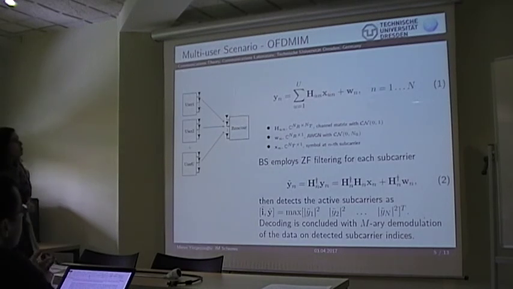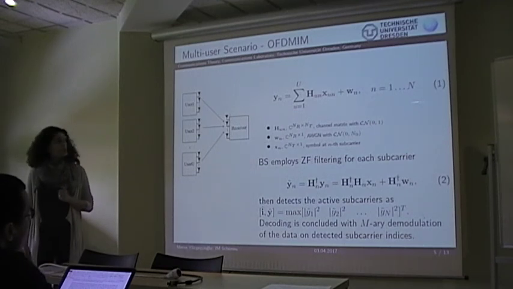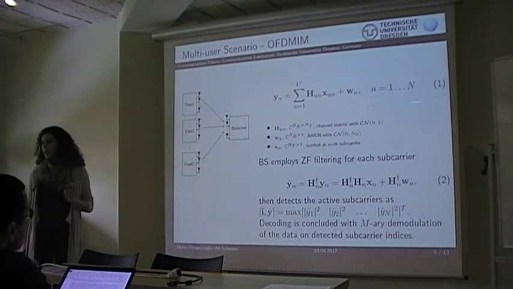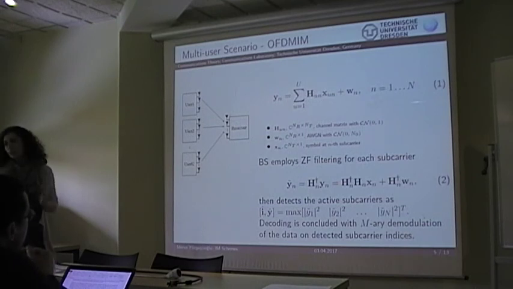This is an application for OFDM with index modulation. We are looking at the system for an uplink scenario. Equation 1 is the received signal at the base station for only one subcarrier. And here H is the channel matrix, X is the symbol, and W is the noise.